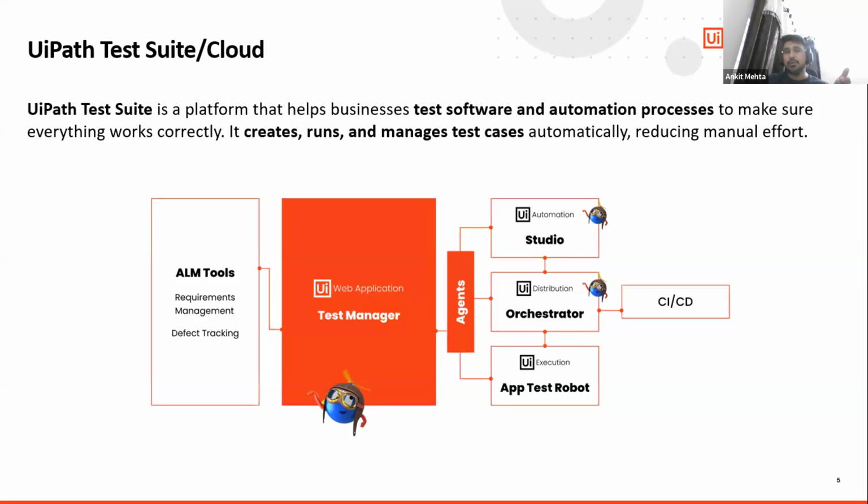We are talking about UiPath Test Suite now. When we used manual approaches, we found that they took a lot of time and effort, and human effort was heavily involved. Even traditional approaches were not up to the mark and required constant maintenance. That's why UiPath Test Suite comes into the picture.